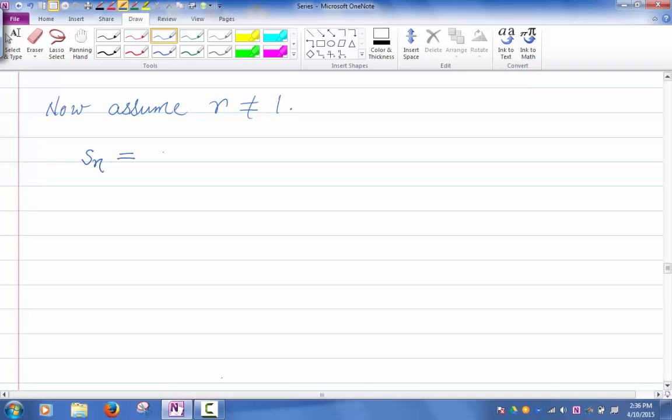Sn is a plus a times r plus a times r squared plus dot dot dot plus a times r to the n minus 2 plus a times r to the n minus 1, right? The last term is a times r to the n minus 1.